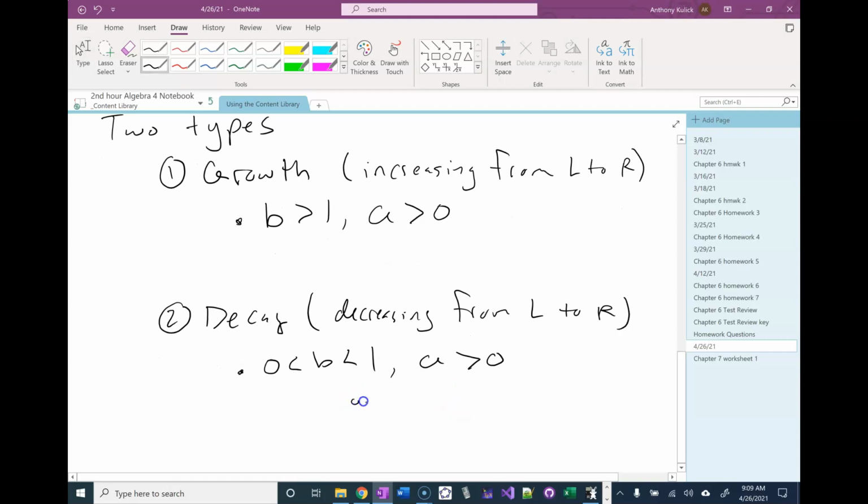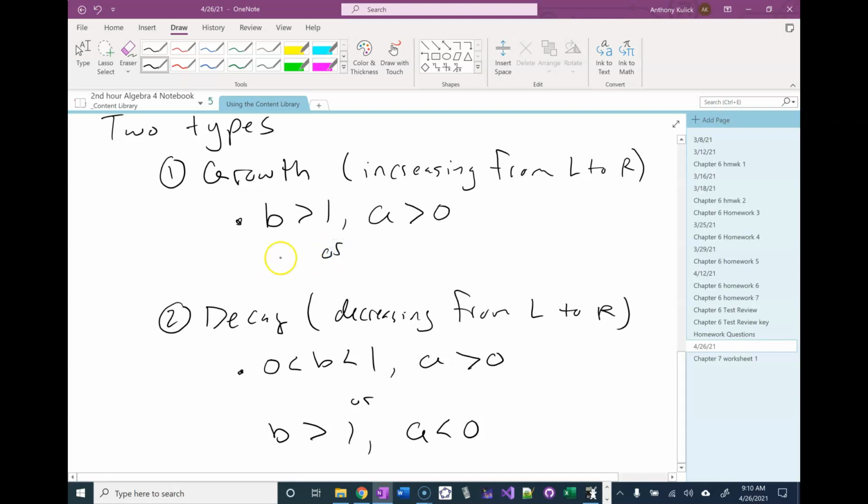So the other type of decay is where that b is greater than 1, but the a this time is negative. And then your decay would look like this, where it's going down as we go from left to right. But if we reflected that across the x-axis, it would now look like this, which is growth.